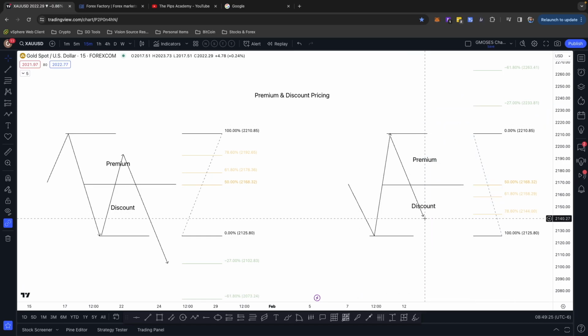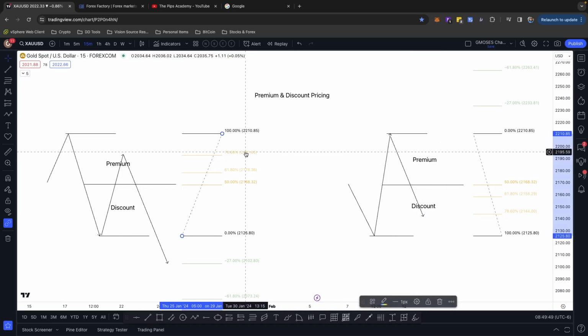We want to buy low and sell high, that same notion. This relates to supply and demand. When we're in supply, we want to look for premium pricing to sell. When we're in demand, we want to look for a discount so we can buy that product, or buy price up.